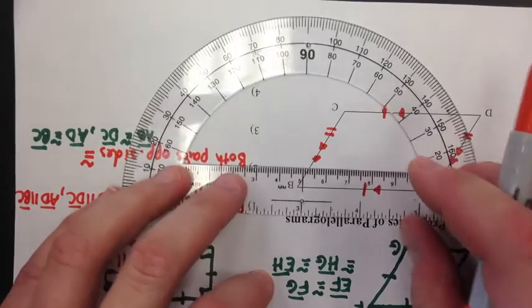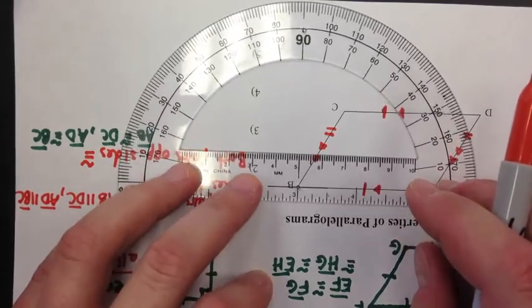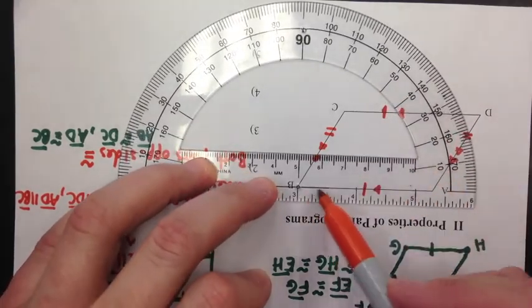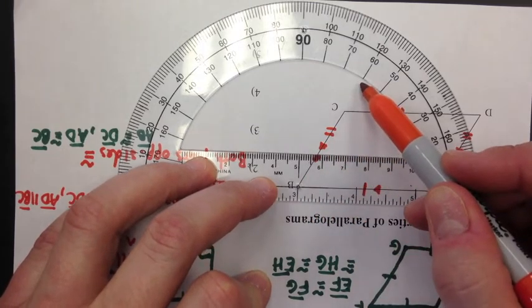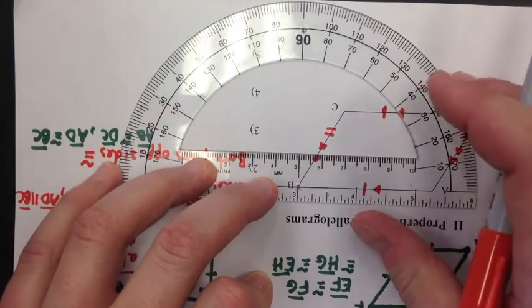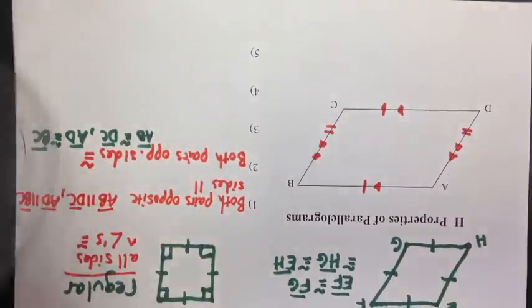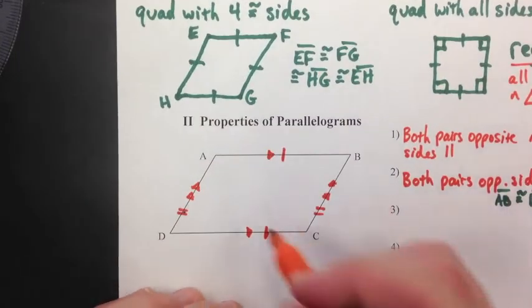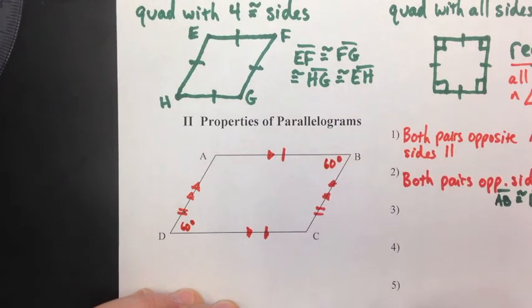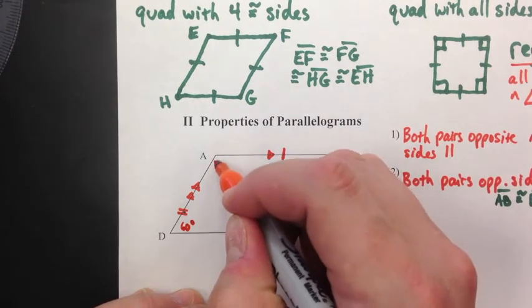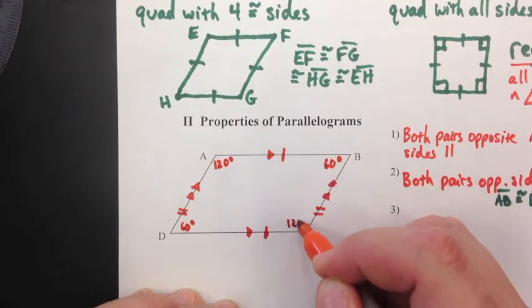And angle B, I'm going to line this up to 0, and then this would go to about 60 again. So these are the same. Both of these are 60. And if I did angle A and angle C, they would both be 120.